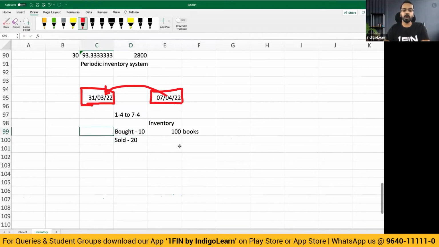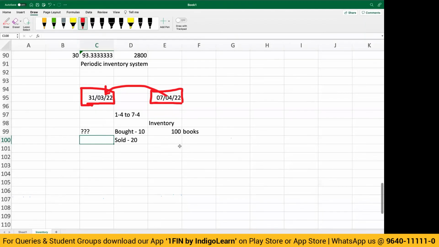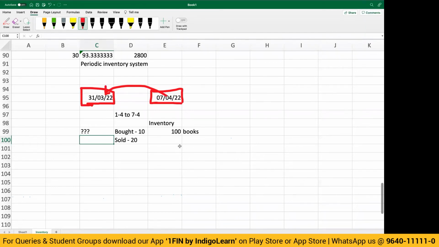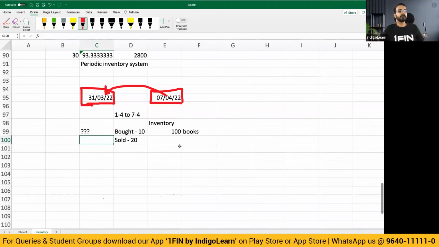Now tell me, what is the count of inventory on 31st of March? Everyone, I want all of you to calculate. 110, sir. 110. Others?